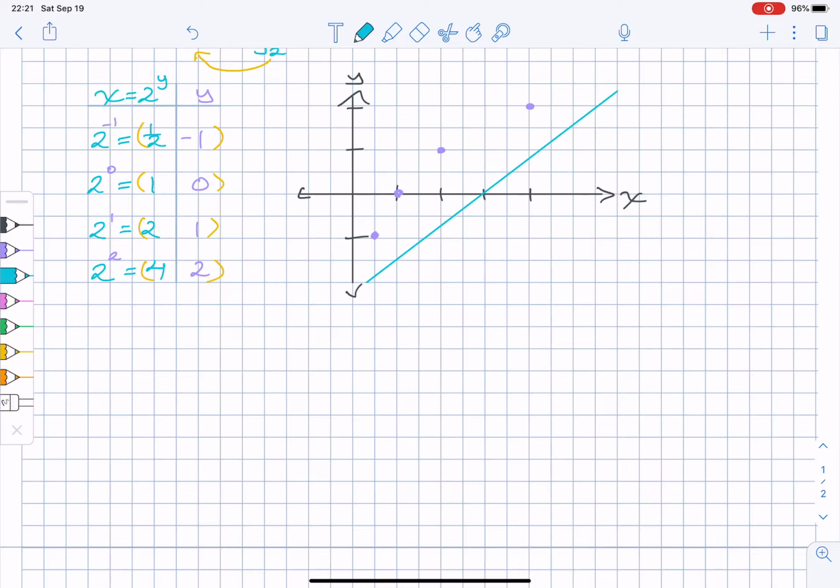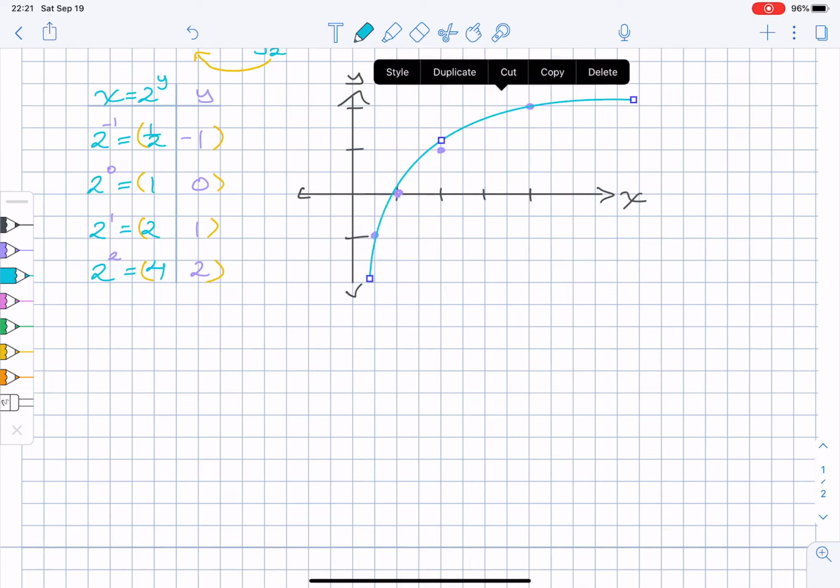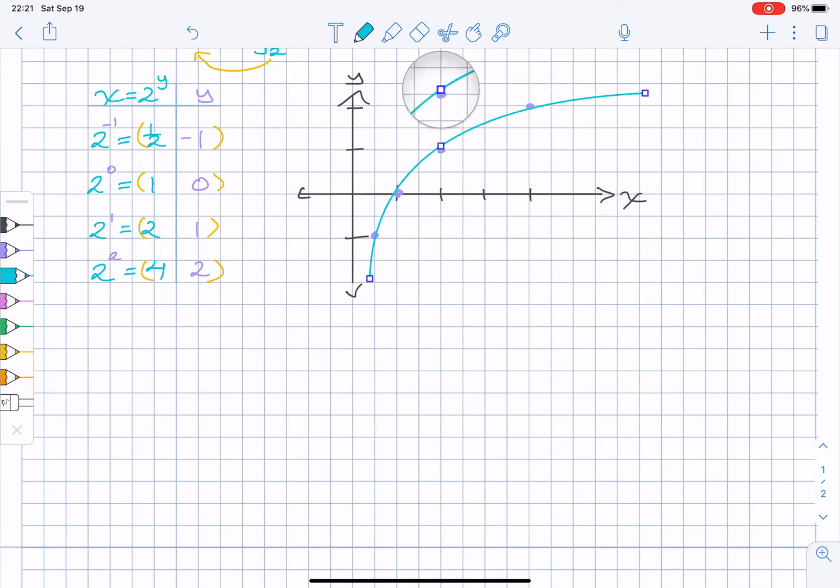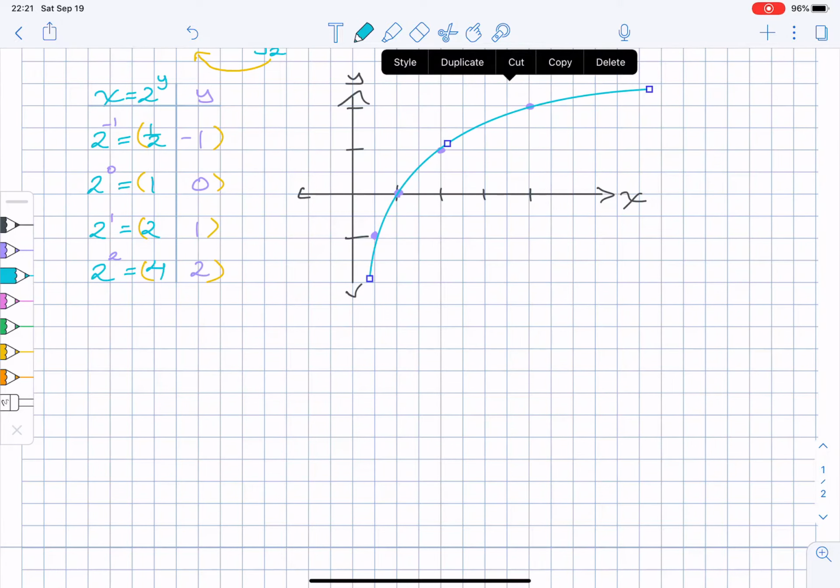I guess it's not going to do a nice curve for me. Let's see if I can. Ah, there we go. Will it give me a logarithmic curve? I don't know if it will.